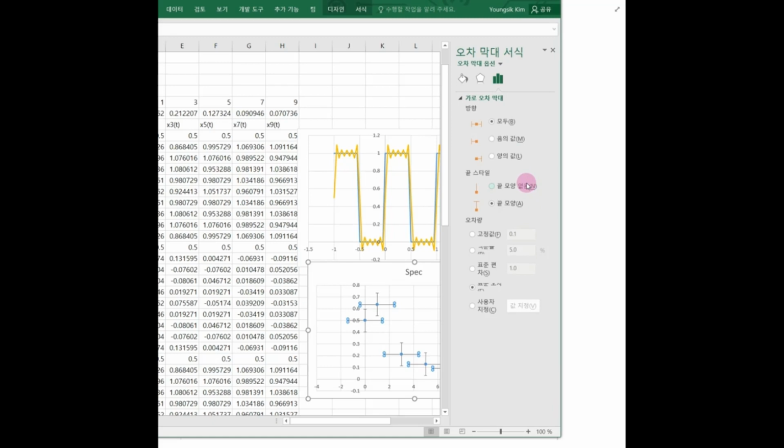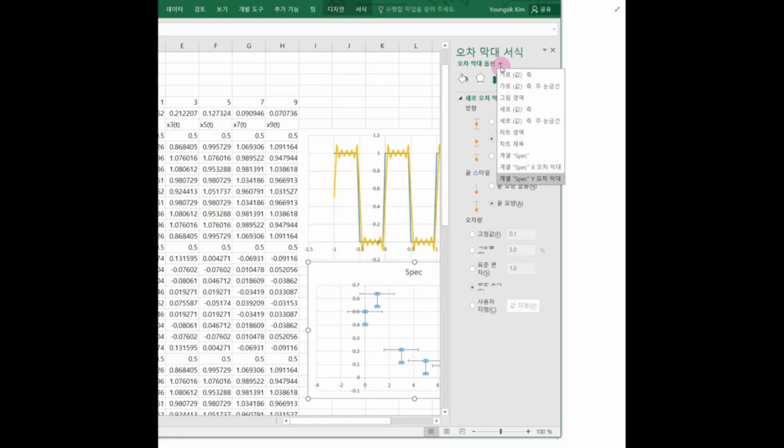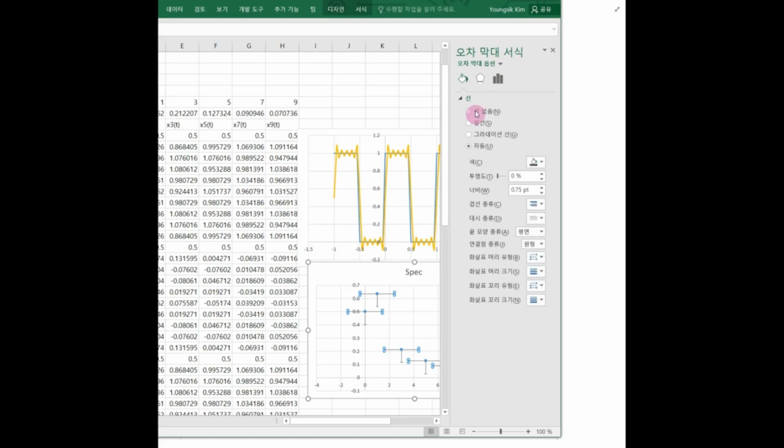I would like to close out, and keep only this part, and here I would like to unsee this axis.